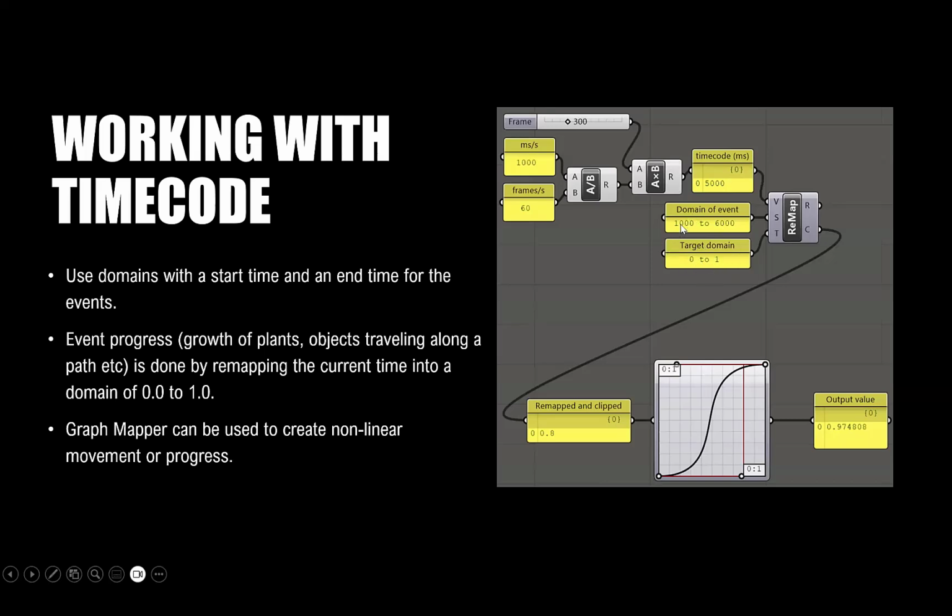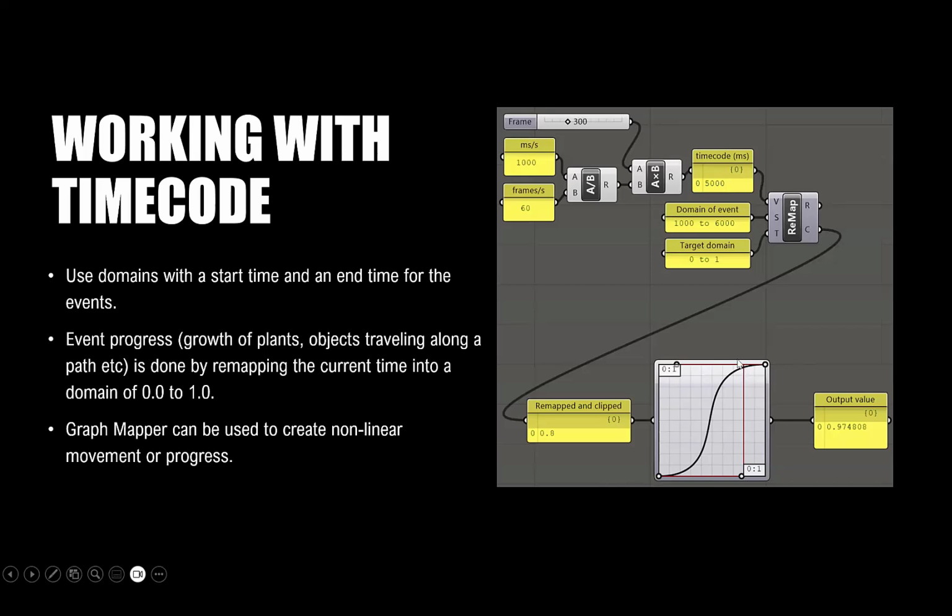As you move through the domain, you get closer to 1. If you use the C output, the clipped output, you get a value that is never smaller than 0 and never bigger than 1. Then you can use the graph mapper, for example, if you don't want the movement to be linear.